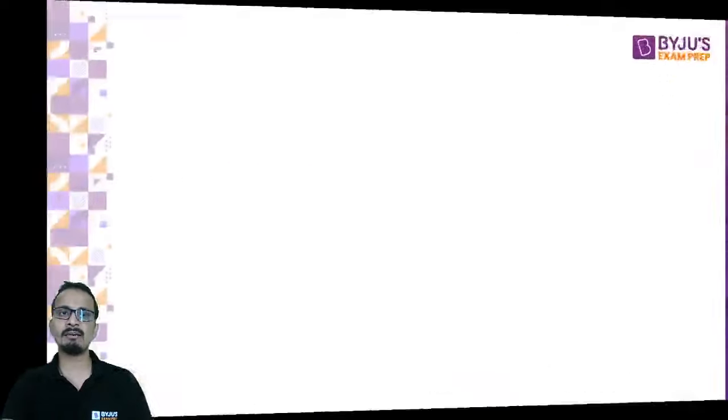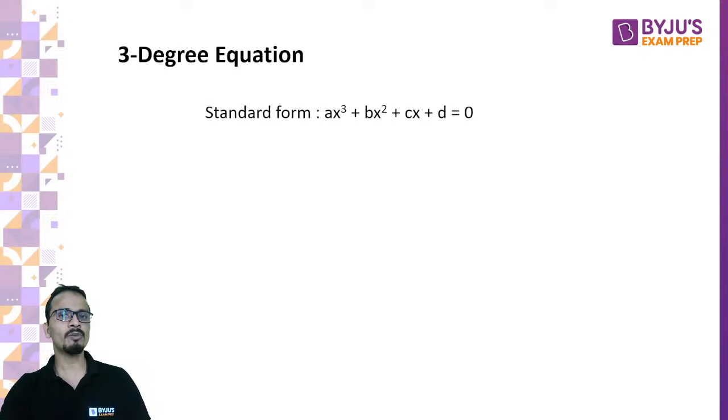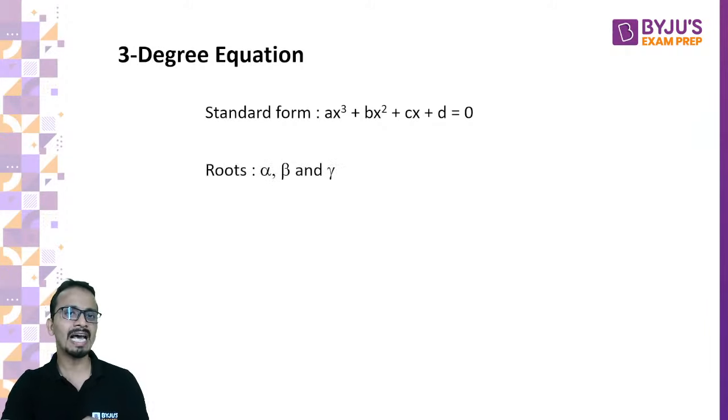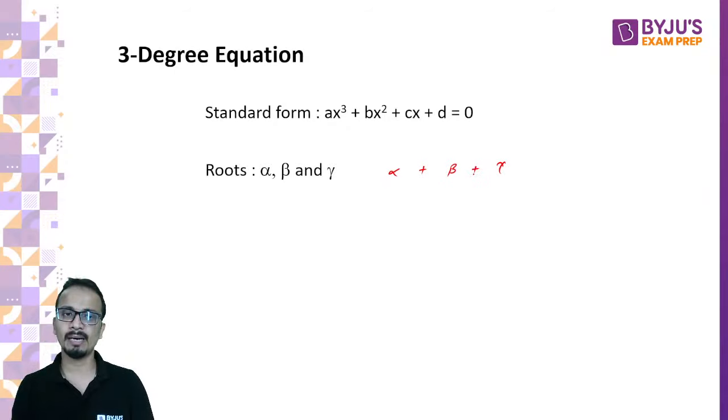So let's take an example of a 3-degree equation. The standard form of a 3-degree equation is ax cubed plus bx squared plus cx plus d equal to 0. This equation will have three roots. Let's say the roots are alpha, beta, and gamma. If I take one root at a time, that means I'll take these roots individually, alpha, beta, and gamma, and calculate their sum.